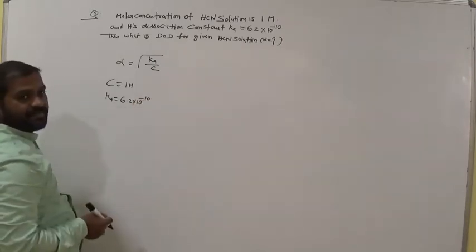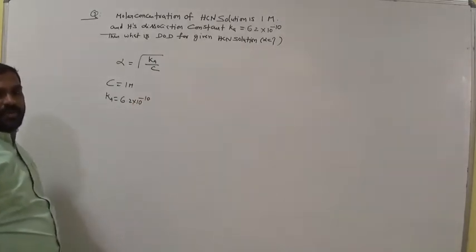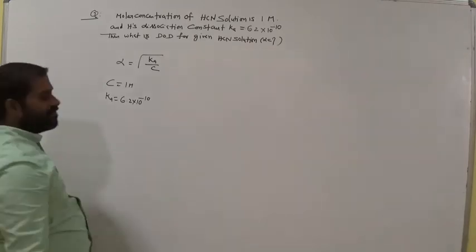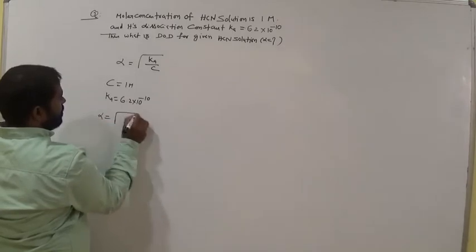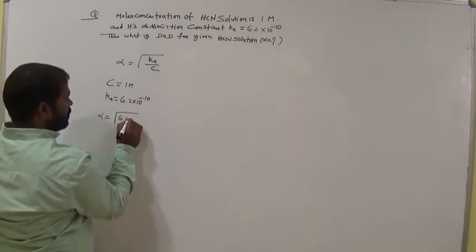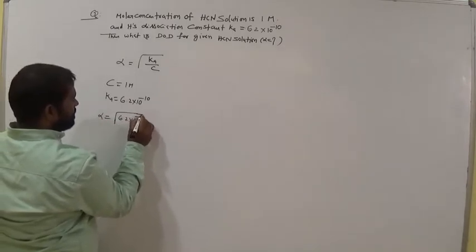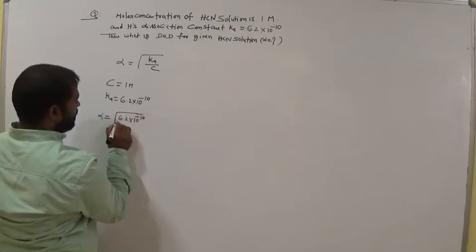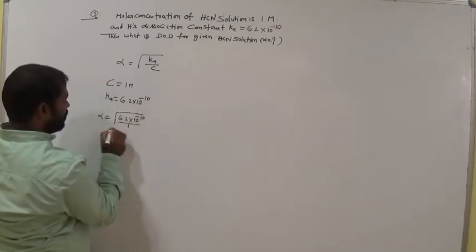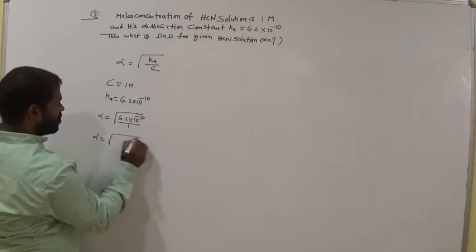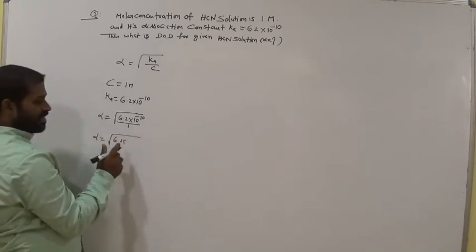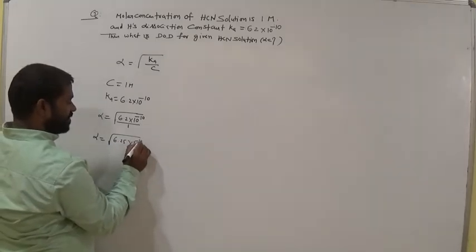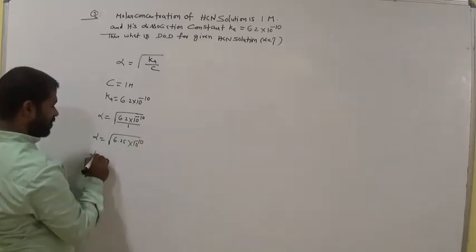So alpha equals square root of 6.2 into 10 power minus 10, and the value of C is 1. Therefore alpha equals, you can write 6.25 into 10 power minus 10.